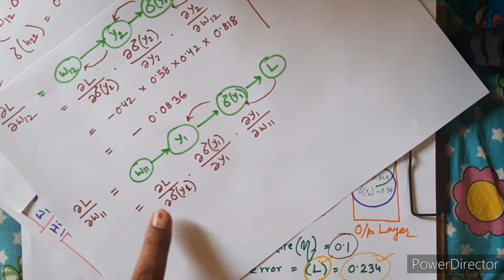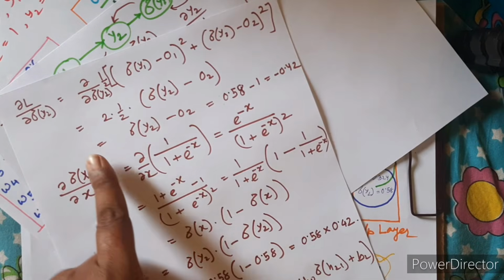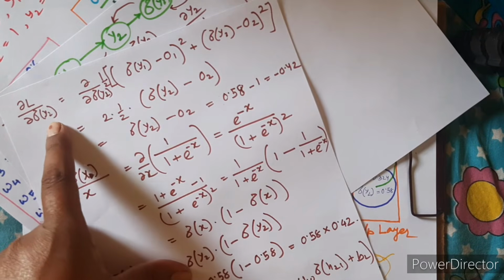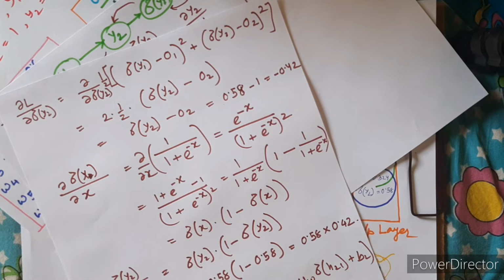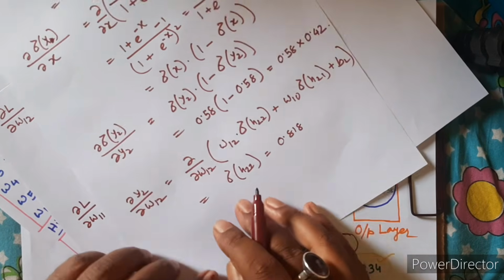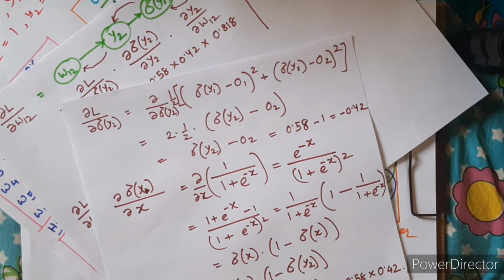So now the same way how we calculated delta L by delta sigma Y2, we will calculate this. So it will be same as this, right?